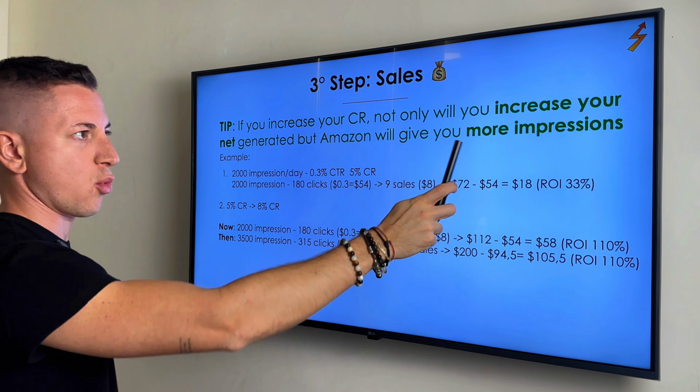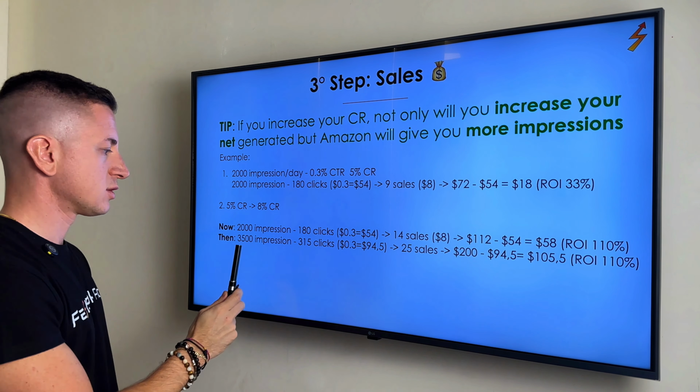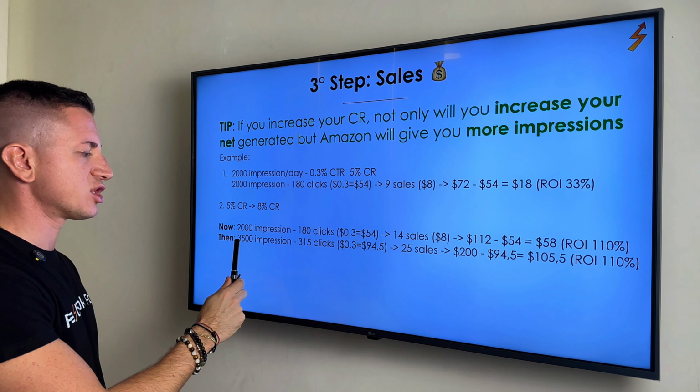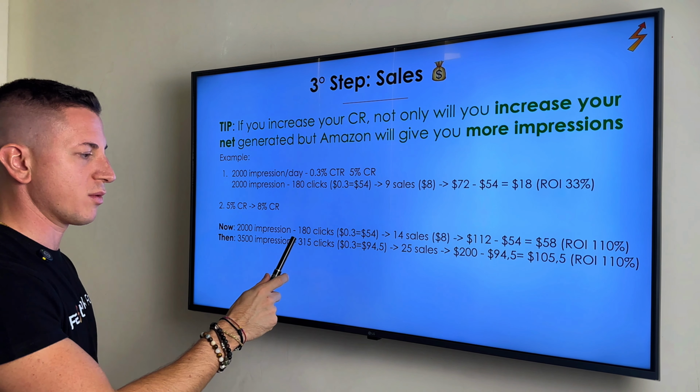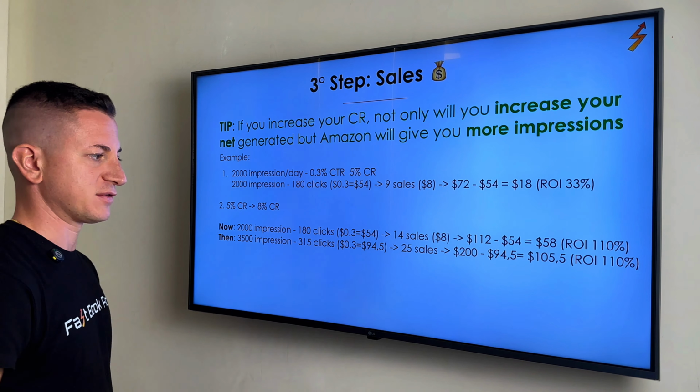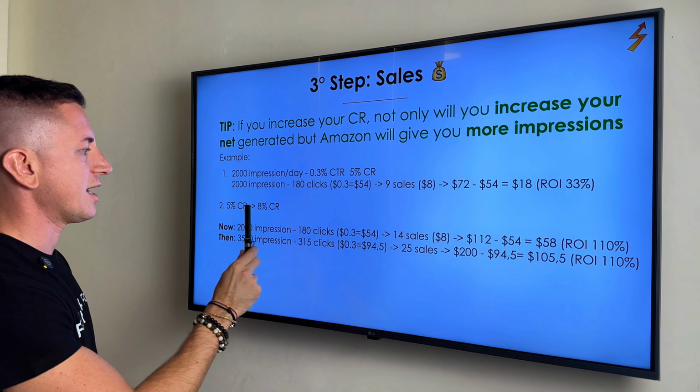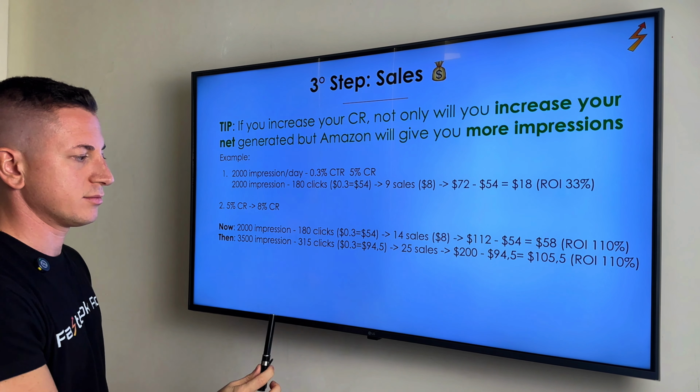Then Amazon will give us more impressions. So, for example, we will generate 3,500 impressions per day. We will have 315 clicks. Here we have the same CTR, okay?